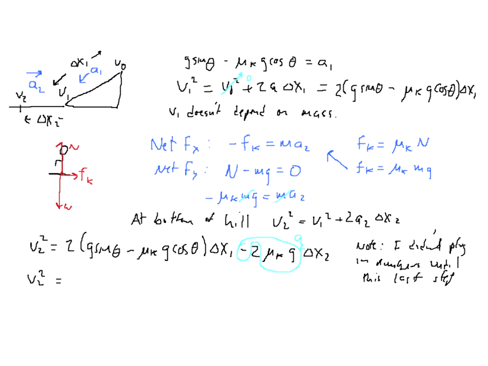So v2 squared, if we plug that in, I apologize for not doing this in advance, is 2 times that quantity, 9.8 times the sine of 25, minus the coefficient of friction.